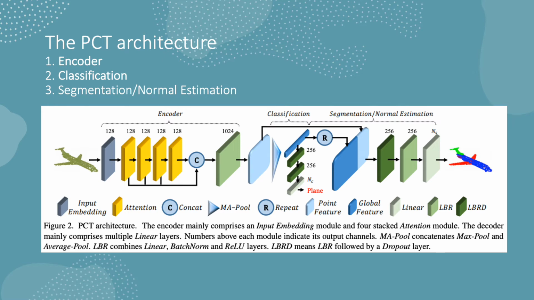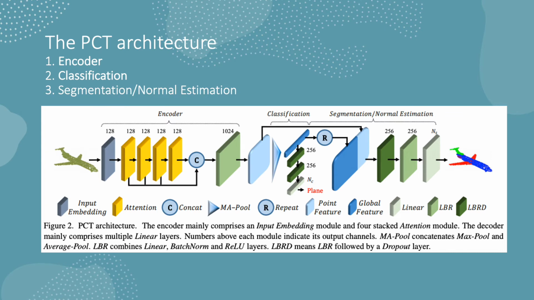The PCT transforms the input points into a new dimensional feature space, which characterizes the semantic affinity between points as the basis for various point cloud processing tasks. Then the embedding features are fed into four stacked attention modules, called offset attention, which learn a semantically rich and discriminative representation for each point, followed by a linear layer to generate the output feature.